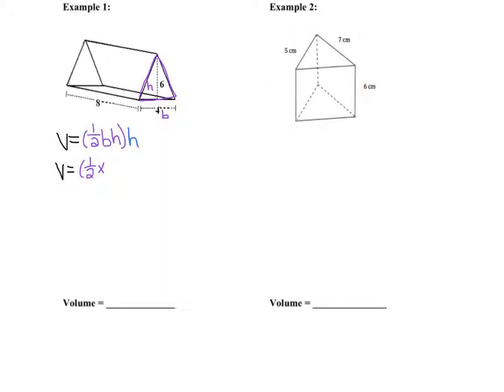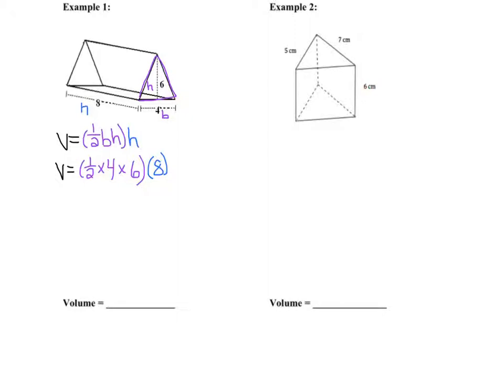So our B was 4, so 1/2 times 4, and our height was 6, so times 6. And now we're going to multiply the base of the solid by our height, and our height is our 8. So we're going to times that by 8.